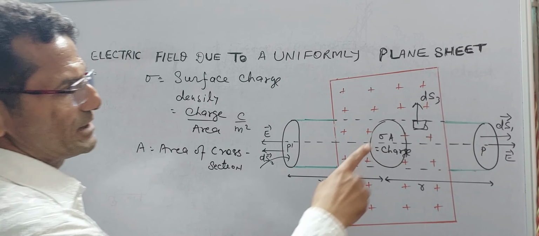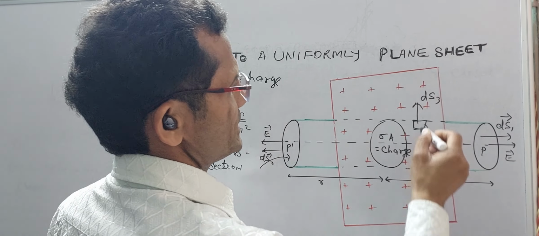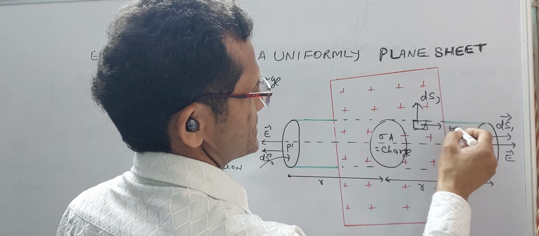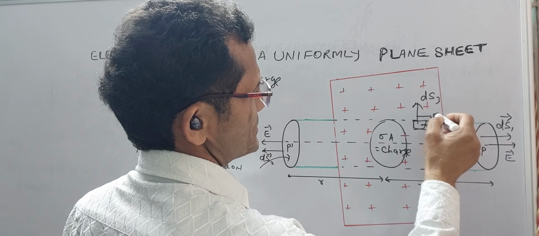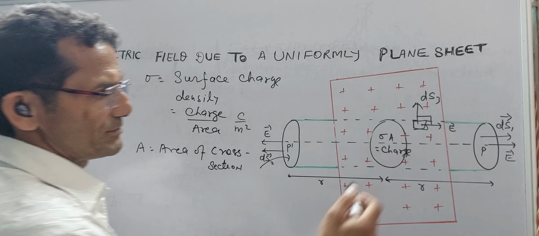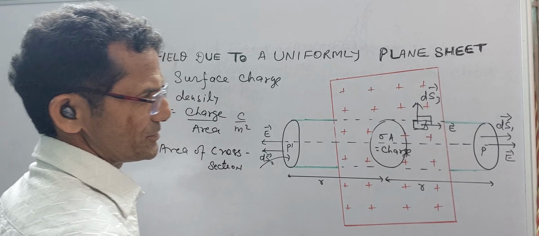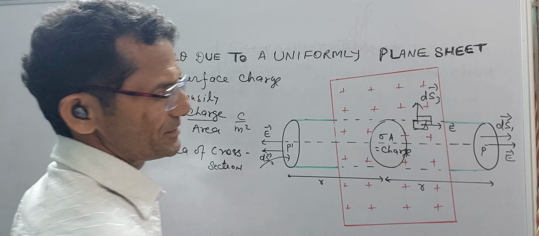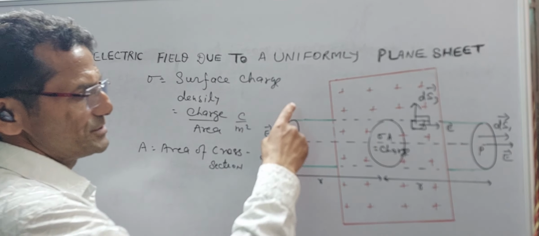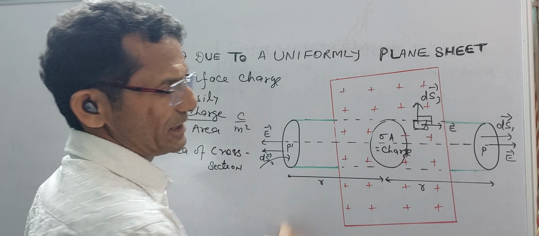At this point the electric field is away from it, so the angle between E and ds3 is exactly 90 degrees. So there is no contribution, as cos 90 is 0. Therefore there is no contribution from the curved part in the total flux.